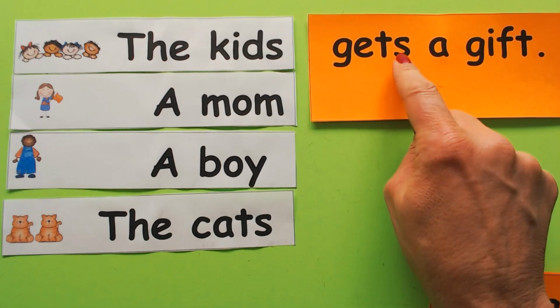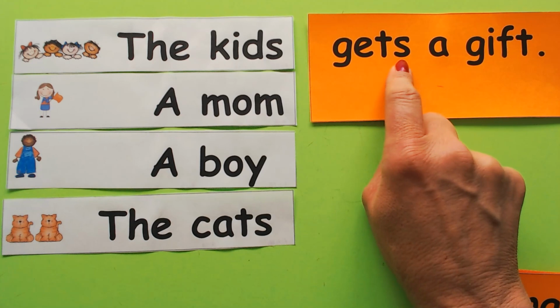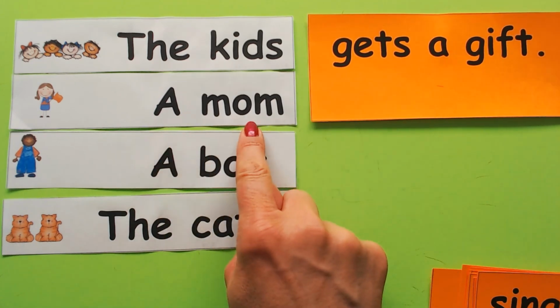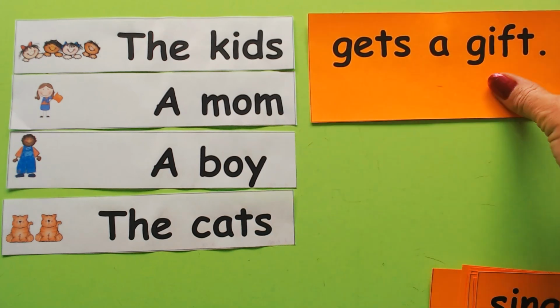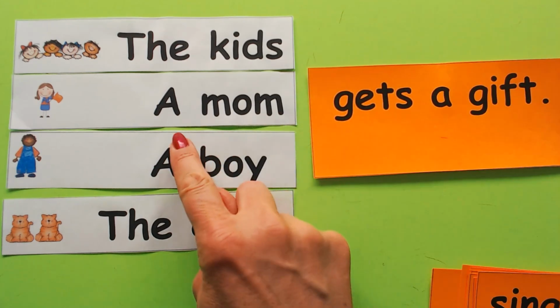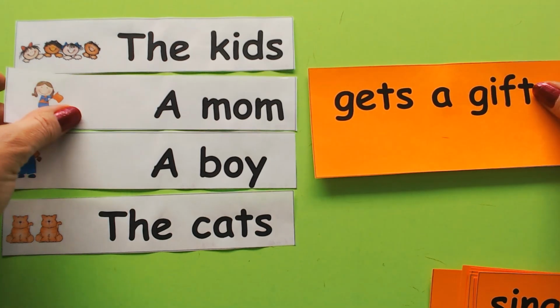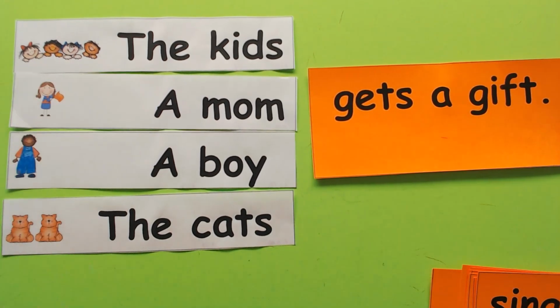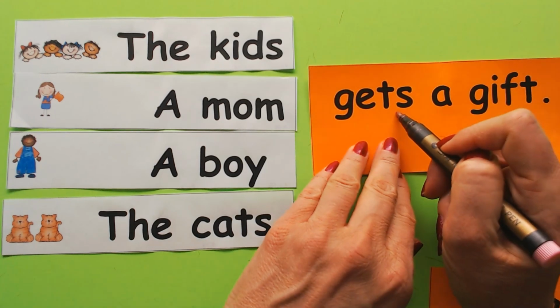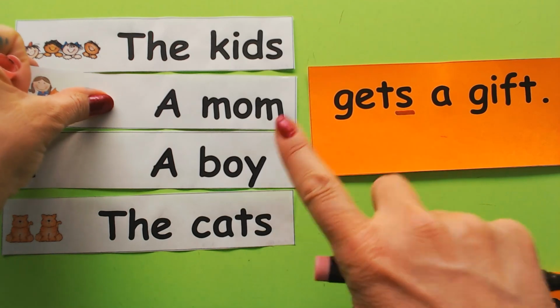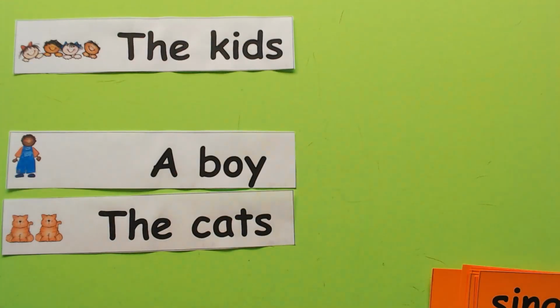No, you can only put S's after the verbs if it means one. A mom gets a gift. That would make sense. So we can take this one out. The mom gets a gift. We added the S so that it could agree with this singular subject. We're going to take that one out.